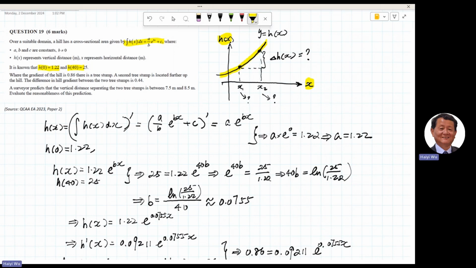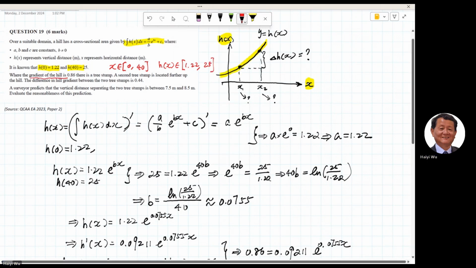So that means x belongs to 0 to 40, and h(x) belongs to 1.22 to 25.